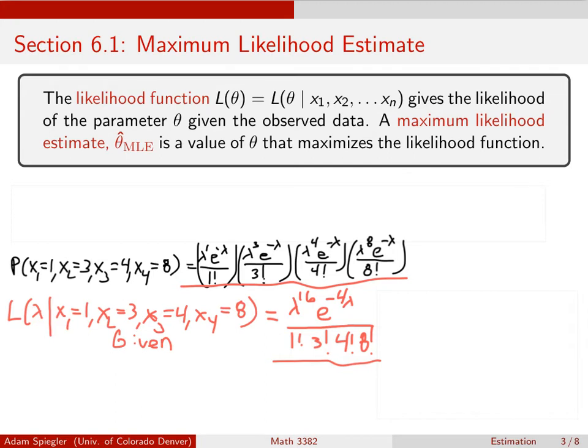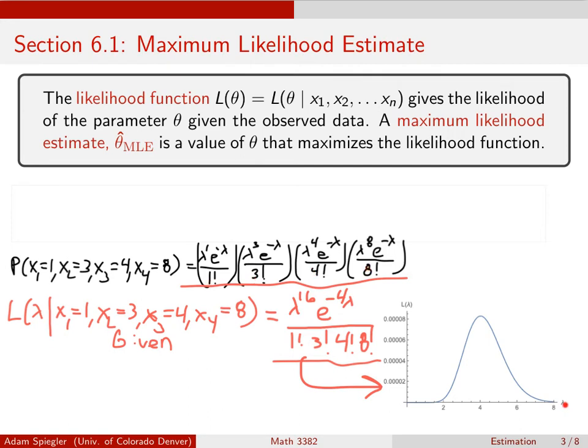So if I were to graph this function over here, notice now that this function that we've graphed has lambda as the input, and the output is the value of this likelihood function. The output is saying, what's the probability of getting the sample that you've observed?